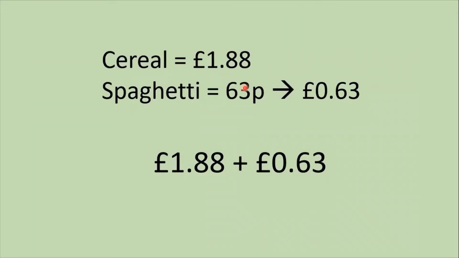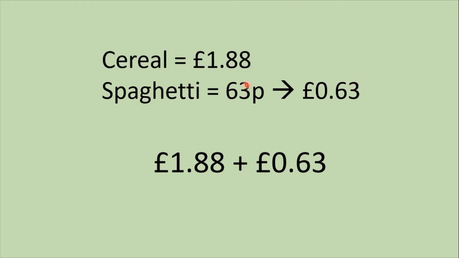But we are going to need to convert that into a money sum that has a decimal point in, because this is in pounds and that is in p. You can't do addition when they are not in the same form, so we need to convert it into a pound number. So 63p is exactly the same as saying £0 and 63p.